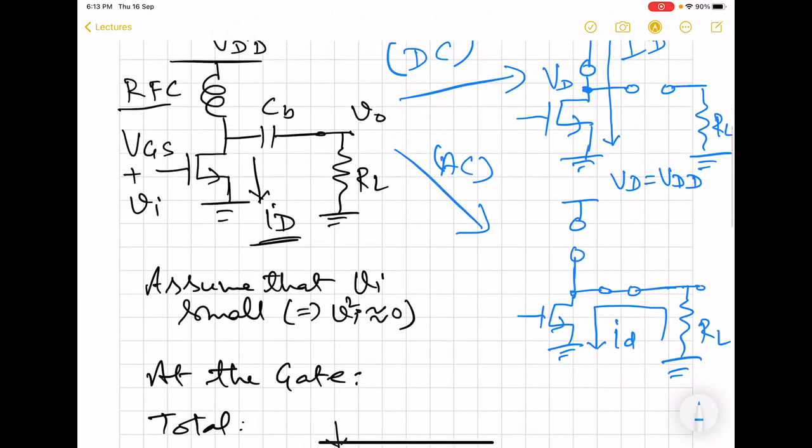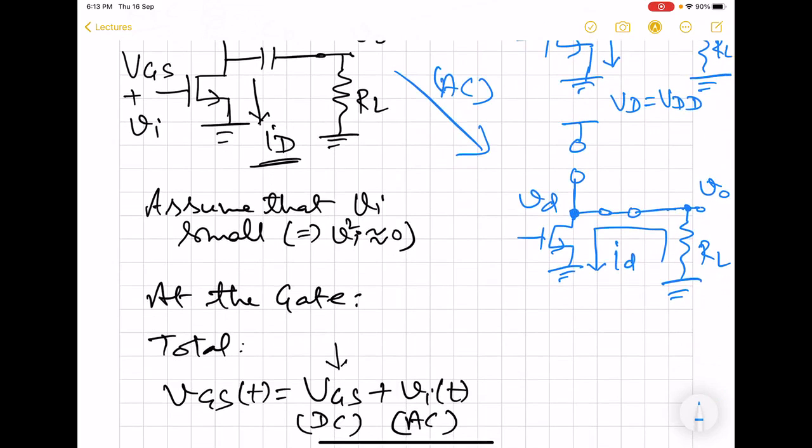Now from the AC we find that there is going to be a certain output voltage at the drain because of the ID flowing through this RL. And typically we will be calling this the drain voltage, the time varying drain voltage. And here we will be calling it the output voltage, and both are actually exactly the same.